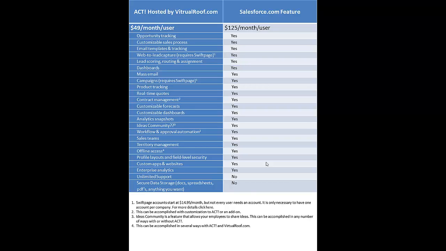What you don't get are, down at the bottom, unlimited support and secure data storage for other types of files. Just so you know, and we'll hit this towards the end of the presentation, Salesforce.com gives you a support package, but they have a 2-day response time frame. That's their stated response time. All right, let's move on.